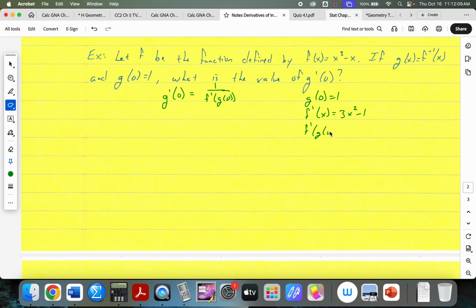F prime of g of 0 is equal to f prime at 1, which is 2. So this is a half. It just kind of falls into place really nicely if you do them correctly.